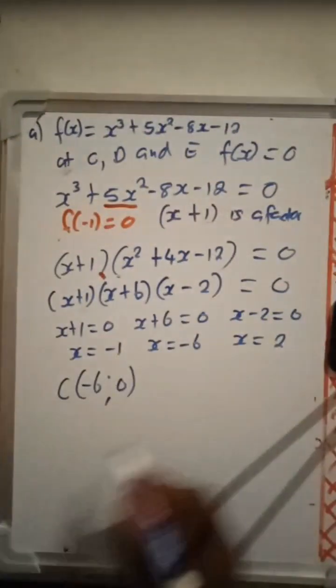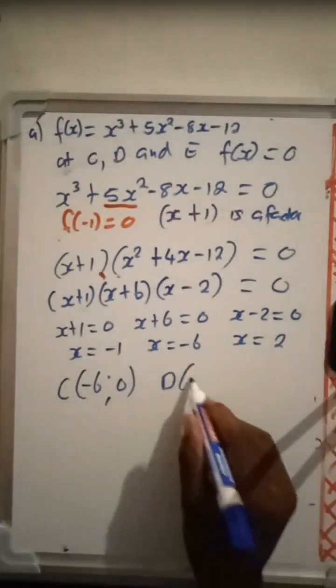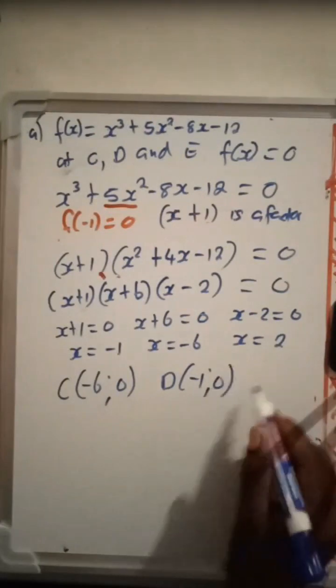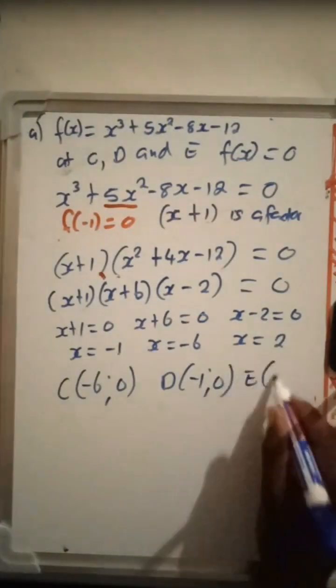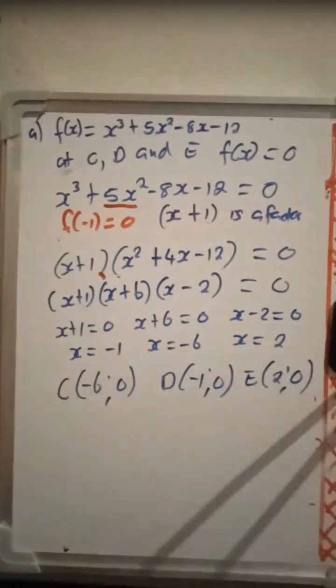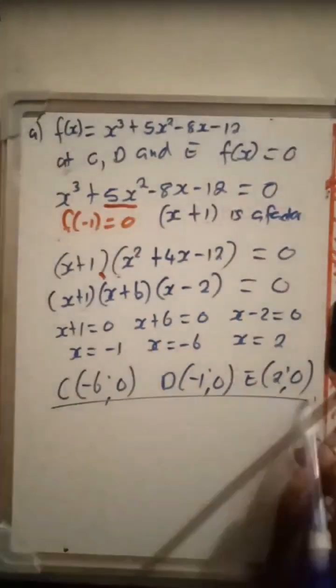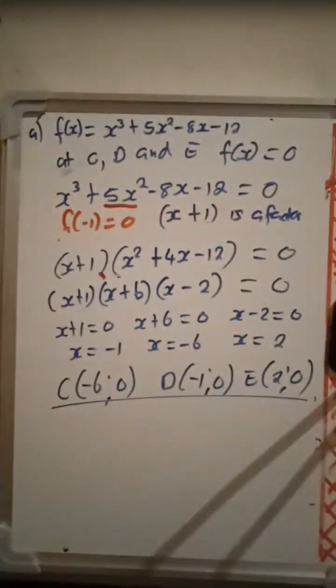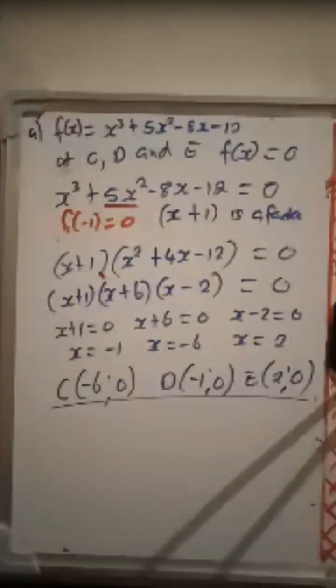D is negative 1, 0. And E is 2, 0. So we are done with that. We have used the knowledge of cubic polynomials to get C, D, and E. Now, that was number 1.